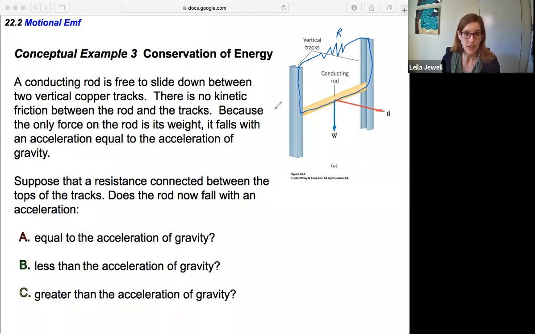So if we're then inducing a current and an EMF, once we have a current flowing, that's going to create a force that acts on the rod. And the quick answer here is that force is going to oppose the direction of motion. So that force is then going to be upward in this case, the force due to the magnetic field.